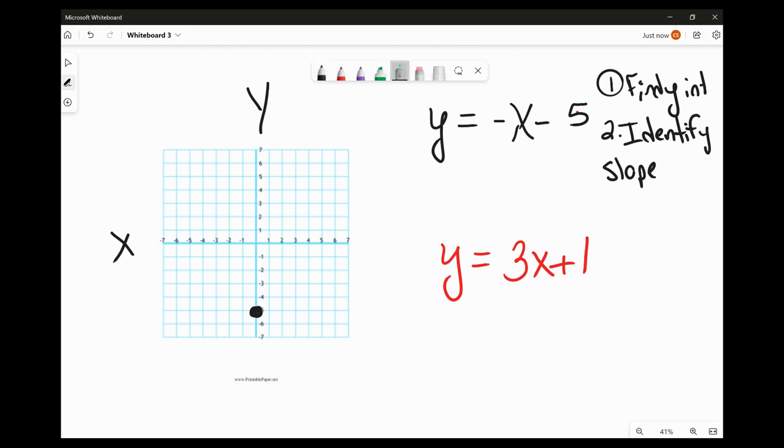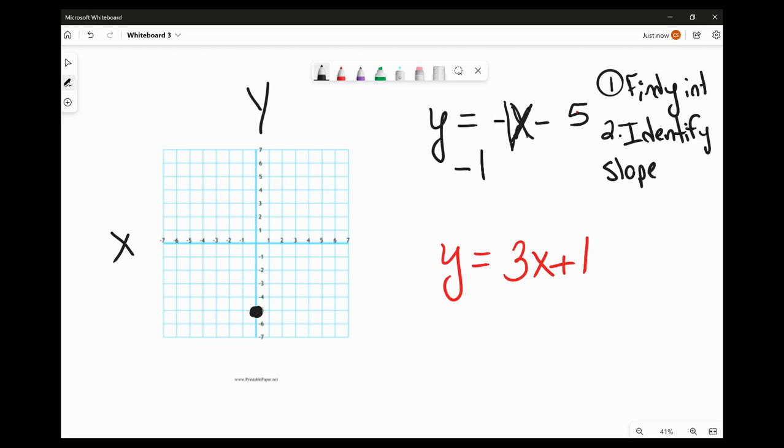It's the number that's not with the variable, and the slope is always the number in front of the variable. In this case, the slope is 1, because when there's no number in front of the x, it's always 1. Sorry, I'm being very messy today. So in this case, my slope is -1.